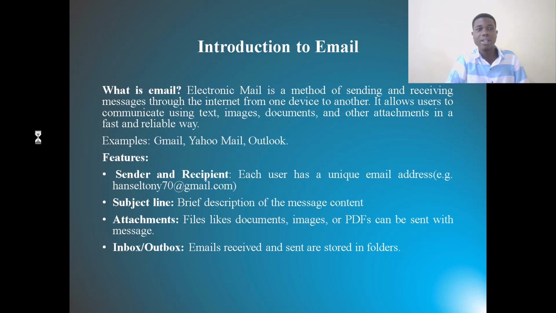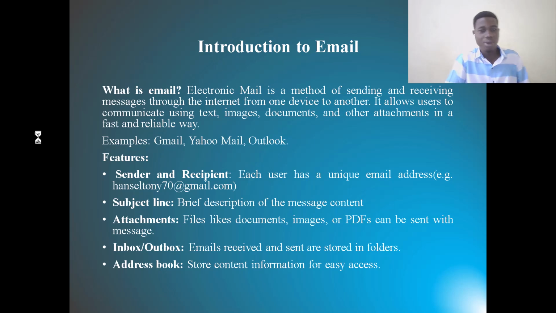And then again, email has an inbox and an outbox. This inbox and outbox help you to receive and send. The place where you receive images is called the inbox, and the folder where you send images from is the outbox.